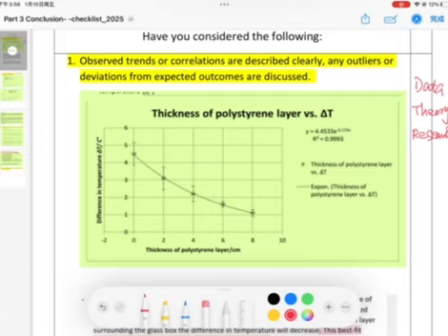What you do is justify your conclusion from these three aspects. And in these criteria, we are going to use examples to show you how you are going to justify your conclusion from these three aspects. Okay, so the first one and the second one is about data.